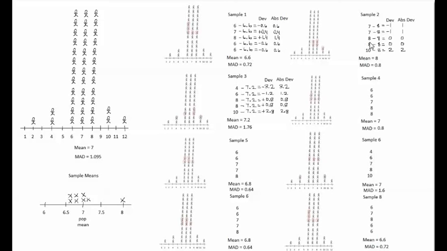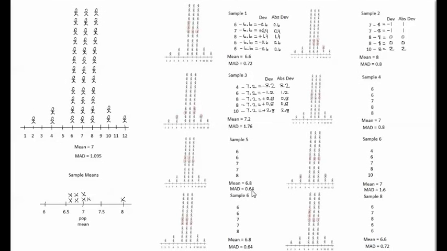So these two both underestimate. 0.8 is lower than 1.095, so this one also underestimates. 0.64 is lower than 1.095, so sample 5 also underestimates the population mean absolute deviation. 0.64 is lower than 1.095 once again, so this sample, which should be sample 7, underestimates the population mean absolute deviation.